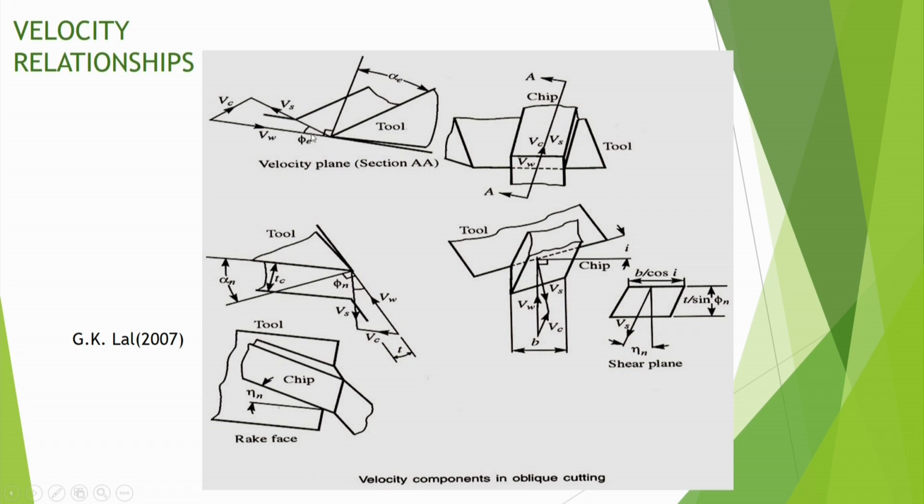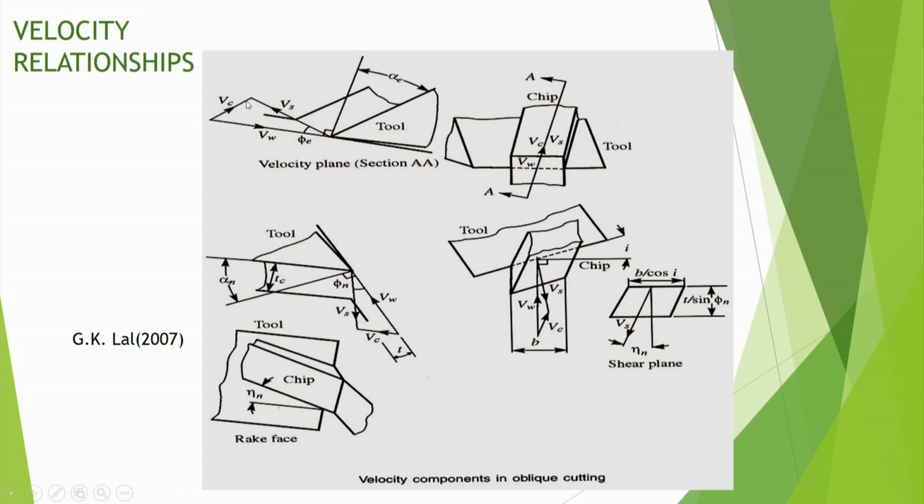If I take a plane which contains VW and VC both, then the shear velocity on the shear plane becomes Vs. Like the previous one, there is a VW, suppose some job is moving, and on that the chip is sliding by Vs.